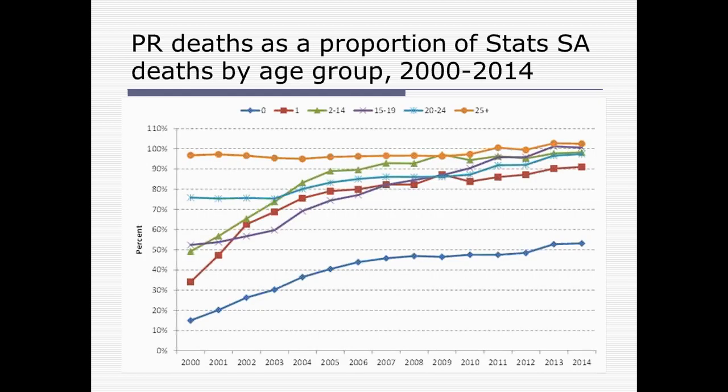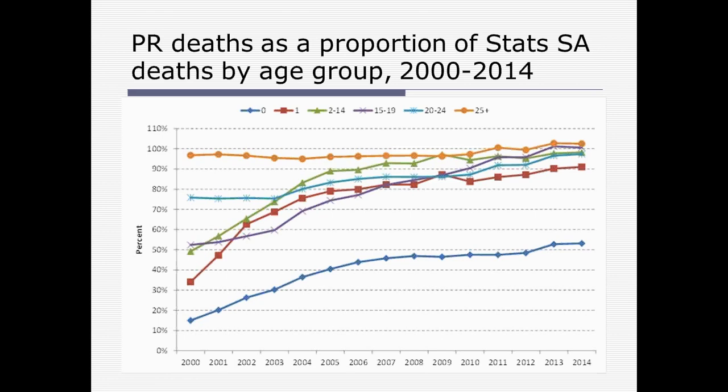So here is the ratio of the population registered numbers of deaths by age to that in the vital registration. The low blue line is those under age 1. As I mentioned before, there's a selective effect happening there, and the births aren't being registered because the deaths die before registration.